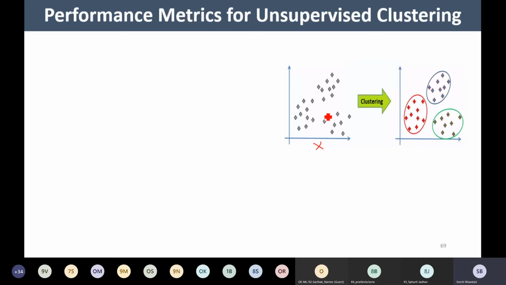If we apply a clustering algorithm to such data, we can come up with a number of clusters.